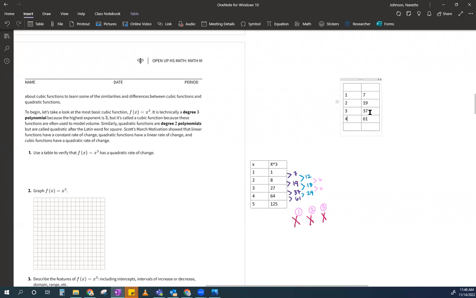And I say, hey, what type of function is this? And you guys would tell me this function is quadratic.